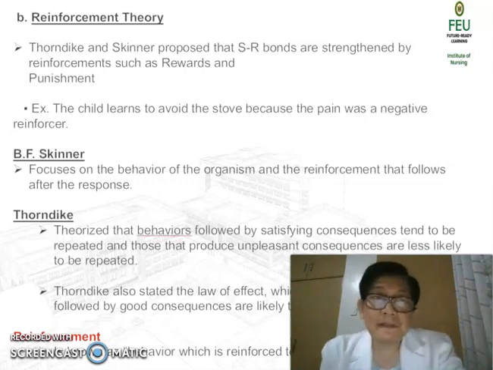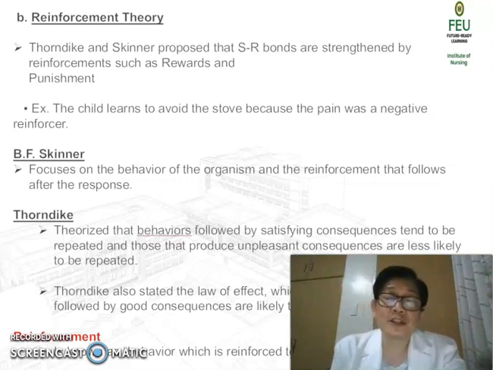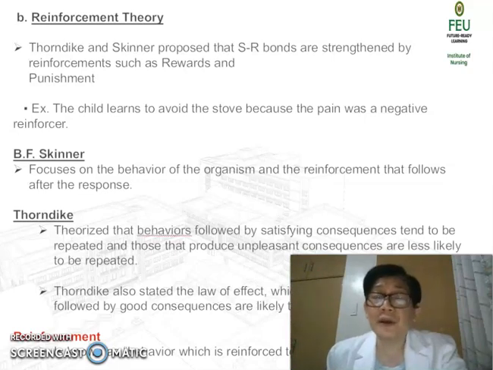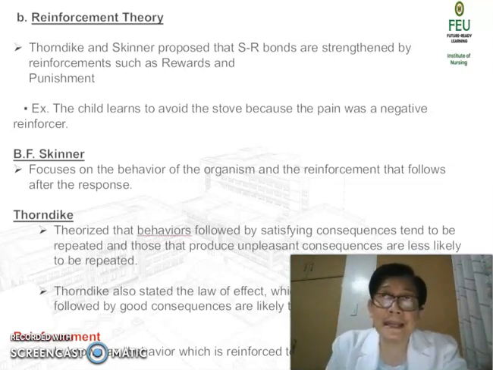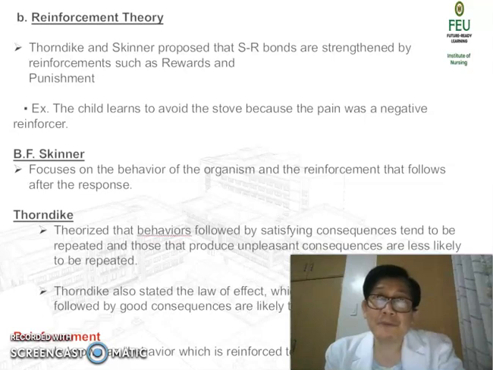Now, the reinforcement theory of Thorndike and Skinner proposed that the stimulus and response bonds are strengthened by reinforcement such as rewards and punishment. So, for example, the child learns to avoid the stove because the pain was a negative reinforcer. In the application to learning, if you are very attentive and participative in the discussion, the teacher will give you additional points.